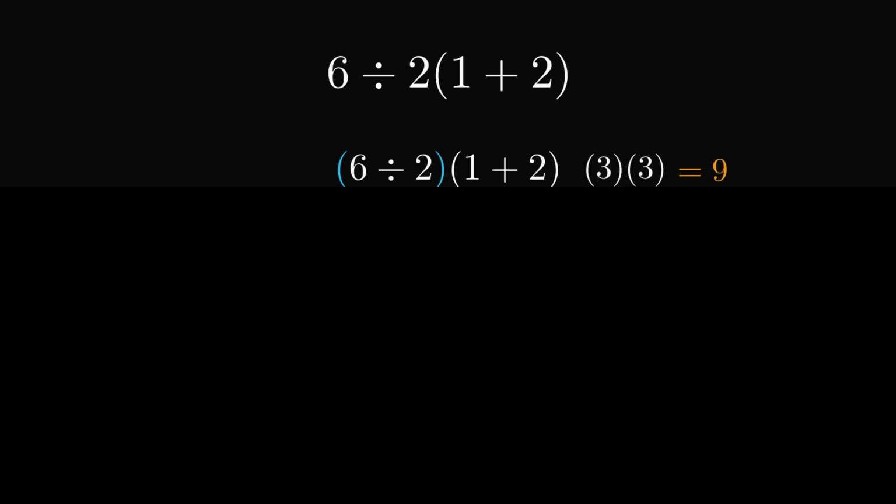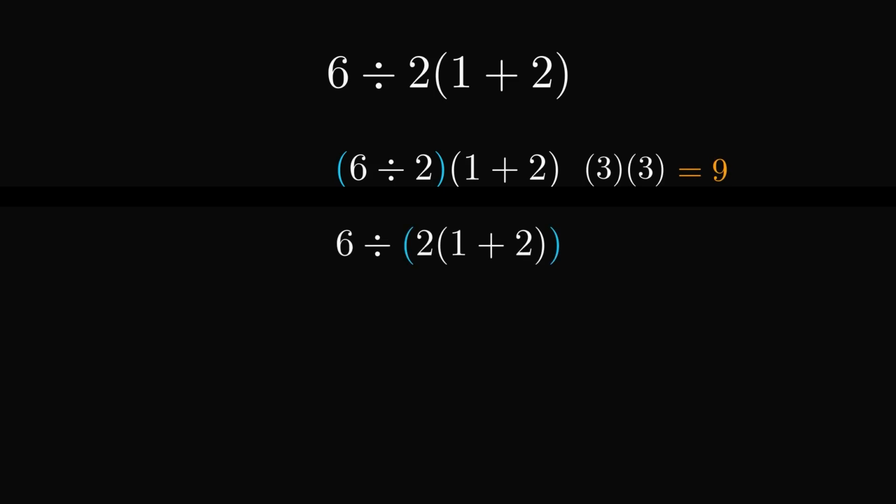No ambiguity. 9. If they meant 1, they should have written it like this. 6 divided by open bracket, 2 times open bracket, 1 plus 2, close bracket, close bracket. No ambiguity. 1. 2 extra characters, free of charge.